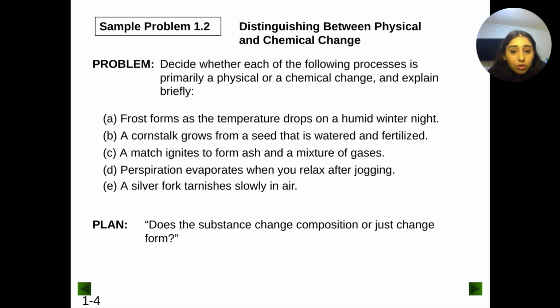B. A cornstalk grows from a seed that is watered and fertilized. Chemical or physical? C. A match ignites to form ash and a mixture of the gases I was talking about earlier. See the smoke? D. Perspiration evaporates while you relax after jogging, a lot like the perspiration on this cup here.